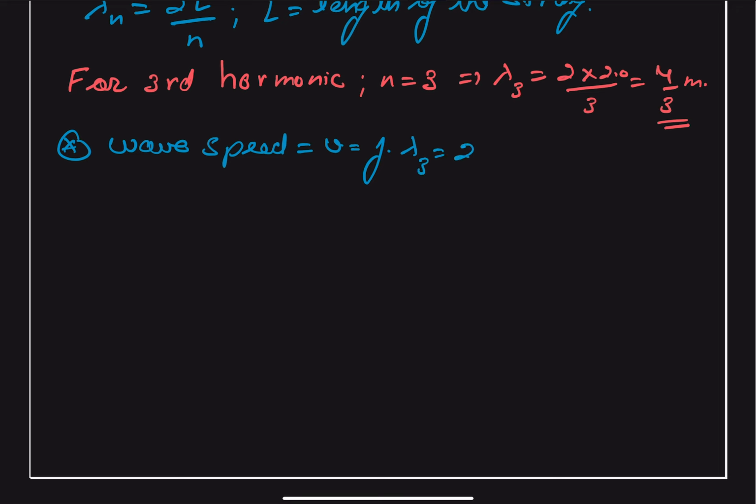Frequency is given as 240 multiplied by 4/3, and this goes by 8, so becomes 80, and we can write this will be our 320 meters per second. Now we are going to find out the fundamental frequency which we are required to find out.